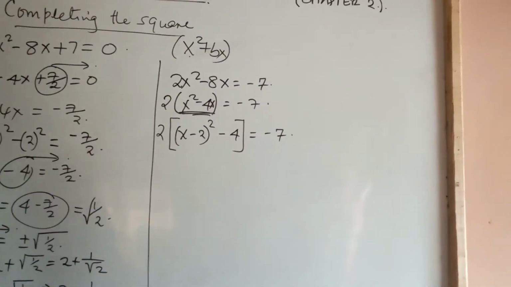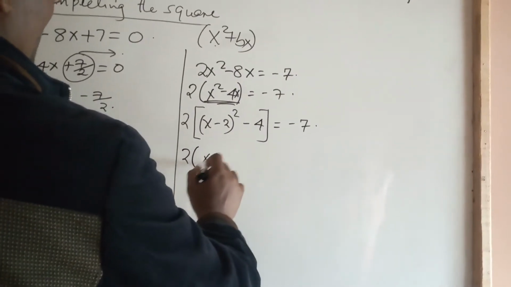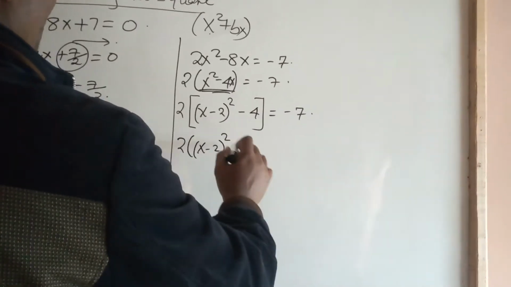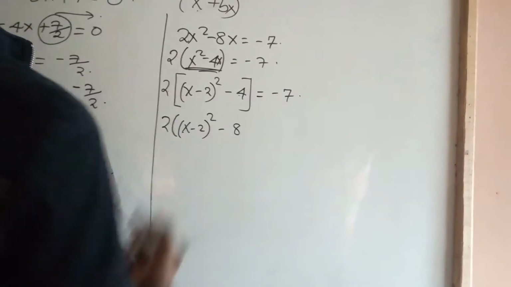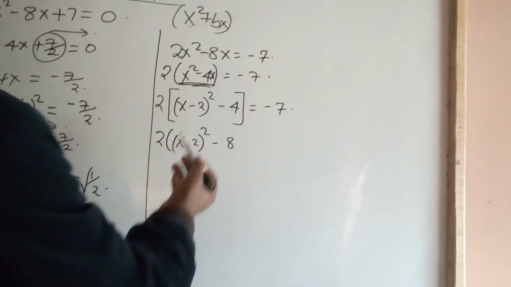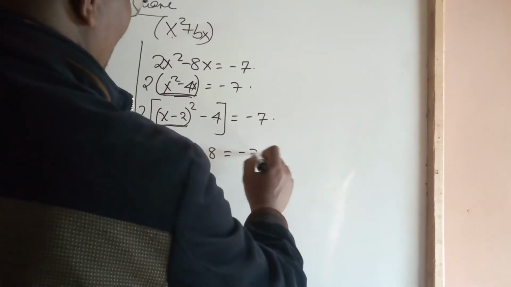When you open this bracket, it gives us 2, open bracket, x minus 2 squared minus 8, because the 2 affects the 4 as much as it affects this particular bracket, which continues to be negative 7.